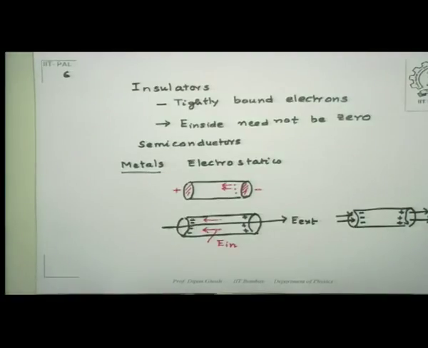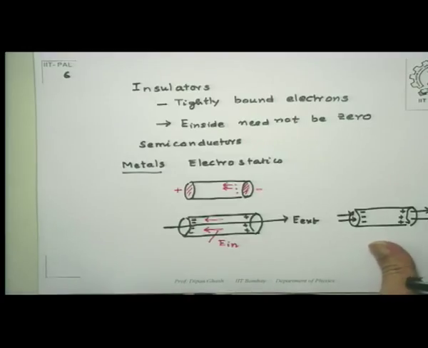So basically what is happening is that the electrons are moving from the right to the left, creating an effective electric field, and that exactly cancels the external field that we had put the material in, and the net field inside in a static condition is equal to 0.